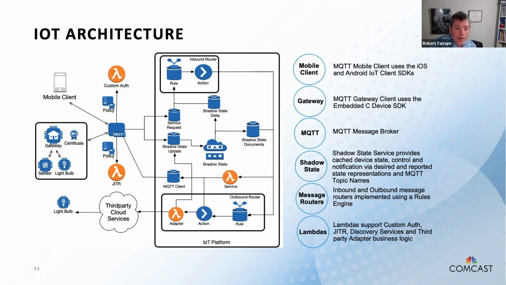Shadow State Service represents a separate component within the IoT Core ecosystem that supports that concept of desired and reported state representation. And then we have many message routers. We have the inbound router that routes incoming messages and an outbound router that delivers messages to the appropriate MQTT client. And all of this at the heart and core is serverless and uses Lambdas for a majority of the actual business logic that we implement on the back end.